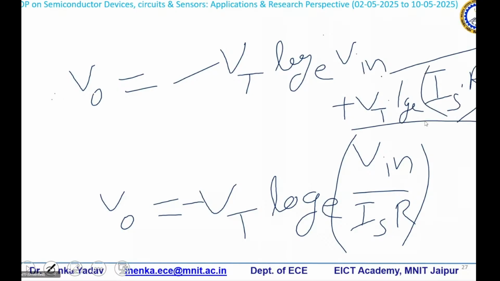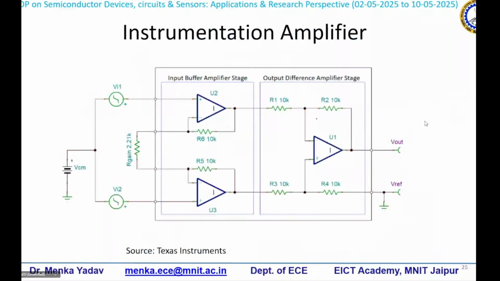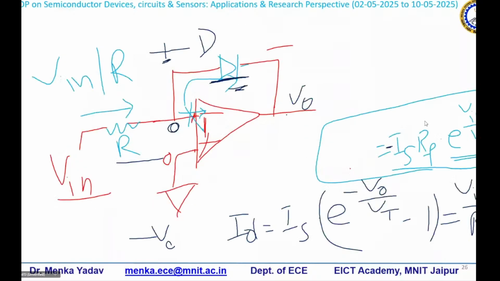So I can say that in this way I get the log of whatever input was. So I get the input in the log form at the output. Here we have covered both of these, how I can get the exponent, and by changing the position of it I can get the log of it.